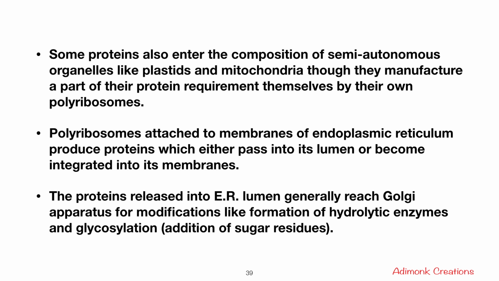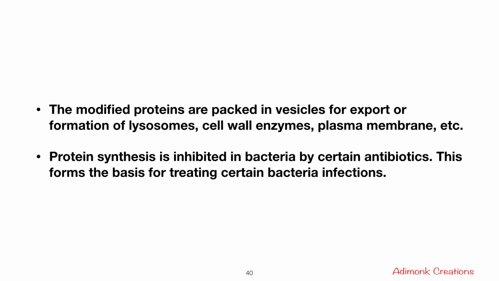The proteins released into the endoplasmic reticulum lumen generally reach the Golgi apparatus for various modifications like formation of hydrolytic enzymes and glycosylation, which is the addition of sugar residues. These modified proteins are then finally packed in vesicles for export or for the formation of lysosomes, cell wall enzymes or plasma membrane and other things.